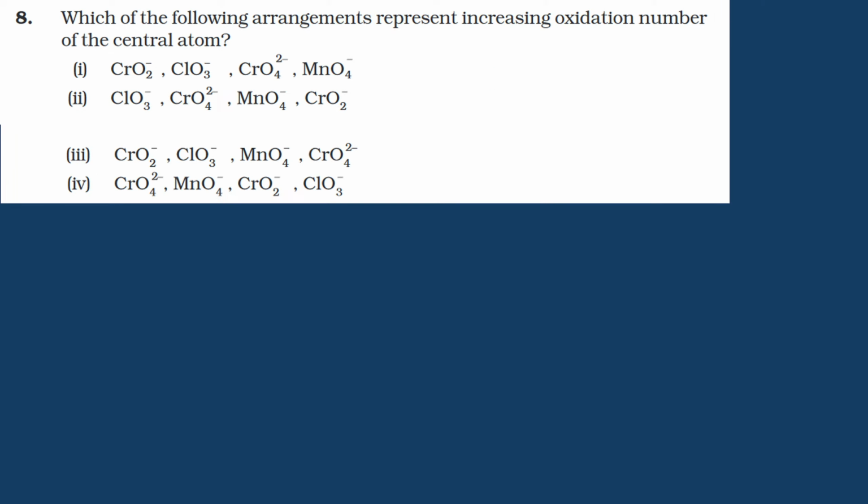Question number 8. Yeah, Tanish, absolutely right. Astik, yes. Question number 8. Which of the following arrangements represents increasing oxidation number of the central atom? मजेदार सवाल है, 4 अलग-अलग करना पड़ेगा. So this question may seem difficult to you while you're doing redox reaction अगर आप 11th में हो, but if you finish 12th, you'll be like, this is a very straightforward question, because you'll be very confident of 2 things.